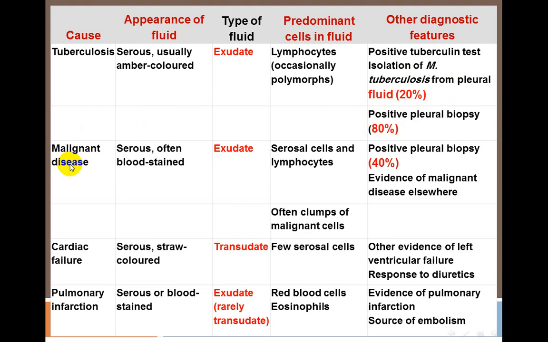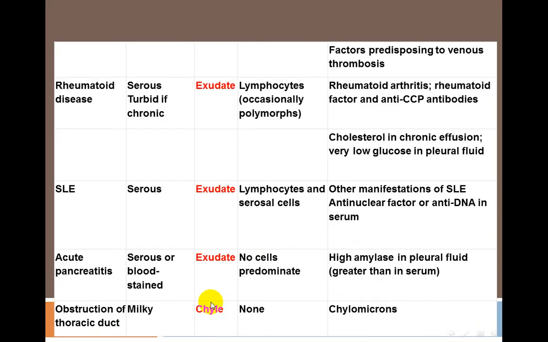Another cause is malignant disease. The type of fluid is exudative, and the appearance of the fluid is serous and often blood stained, with positive pleural biopsy in about 40% of cases. Other causes: cardiac failure, where the type of the fluid is transudative. Rheumatoid arthritis is exudative, with predominant lymphocytes, and rheumatoid factor and anti-CCP antibodies positive.